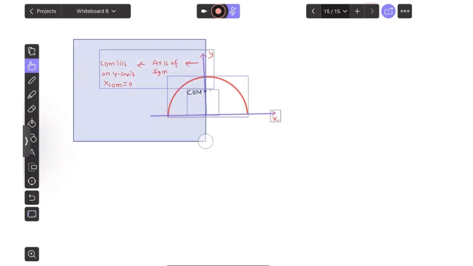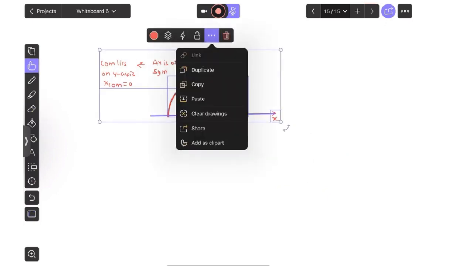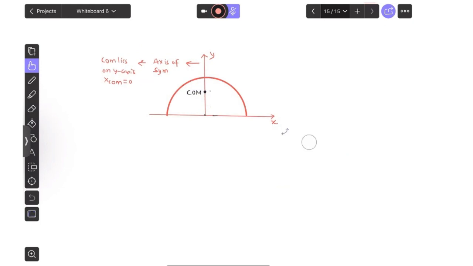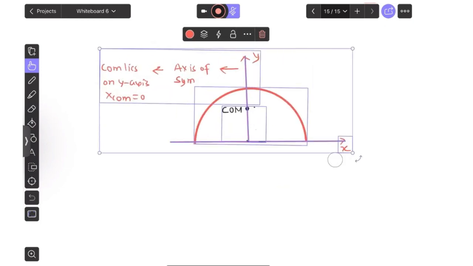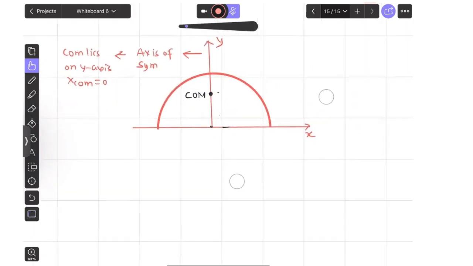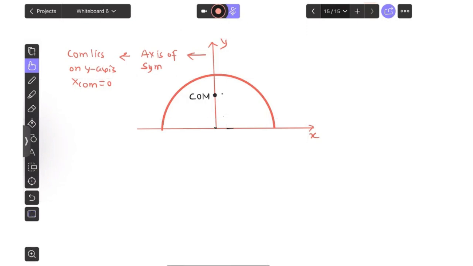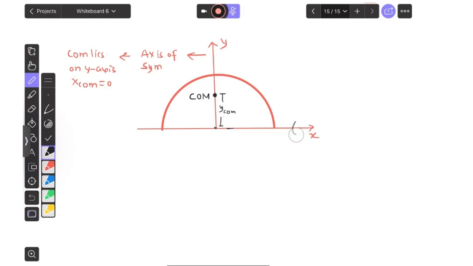So for this case also, we have a theorem that you could use. One thing you can tell: the center of the mass is going to lie on the y-axis, so xcm will be 0. The only thing you have to determine is the y coordinate of the center of the mass. Just like in the earlier case, you rotate this thing about the x-axis through a full angle of 2 pi.